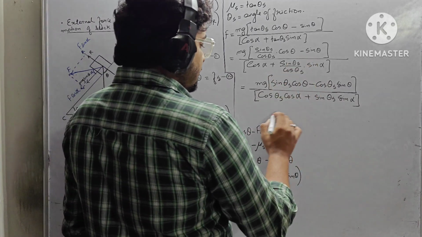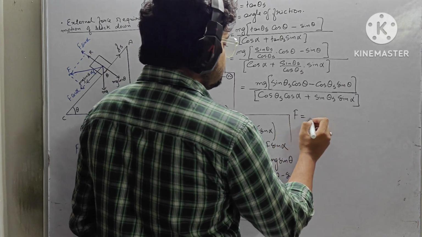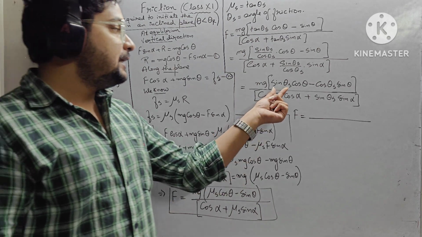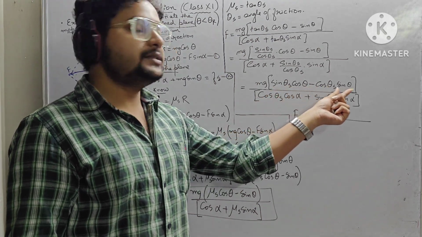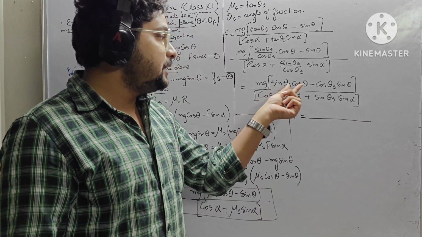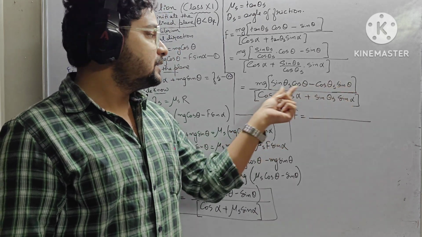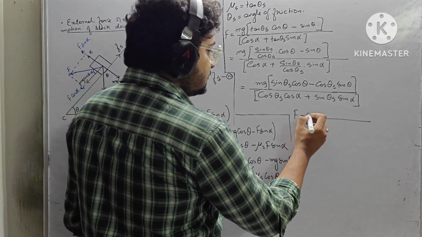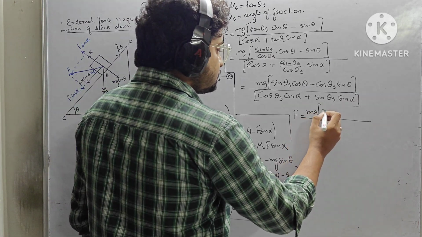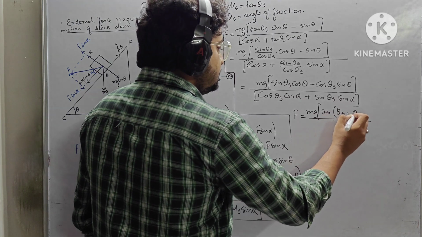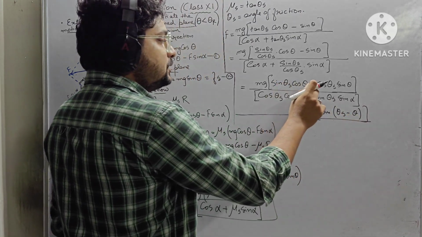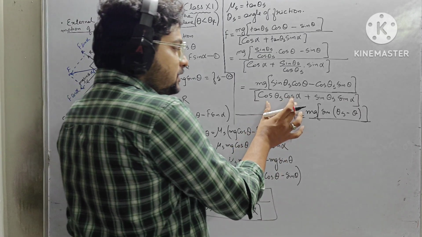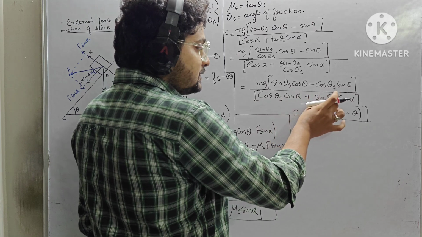Now see, in the numerator I have sin A cos B minus cos A sin B. So the formula of sin A cos B minus cos A sin B is sin A minus B. In the denominator I have cos theta is cos alpha plus sin theta is sin alpha.